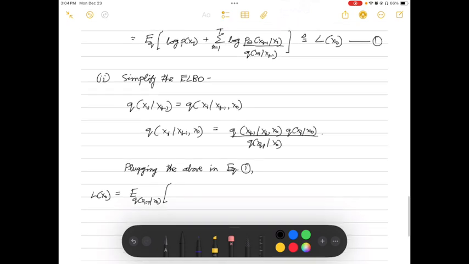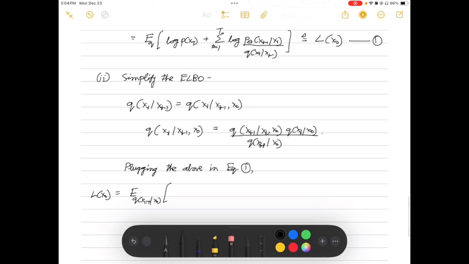Let's start by plugging in and rewriting the terms. The first term stays the same, we have log p of xT, which doesn't change. Plus now we're going to put in this whole thing. First we write the log, and the numerator will not change: p theta of xt minus 1 given xt remains the same.